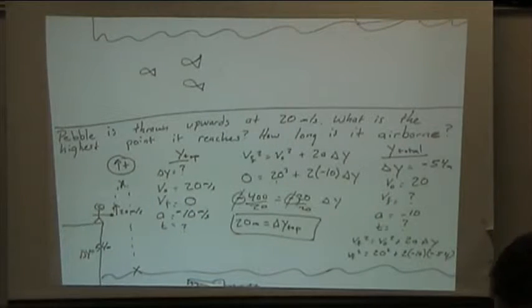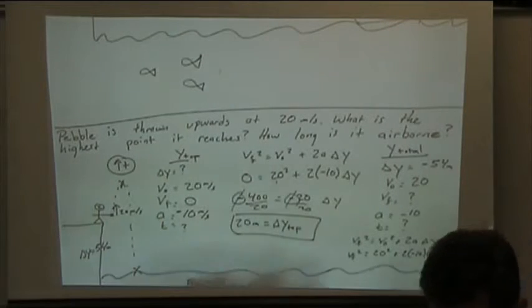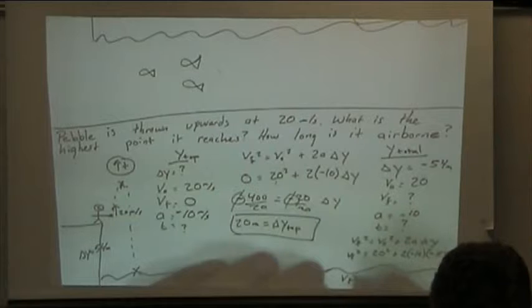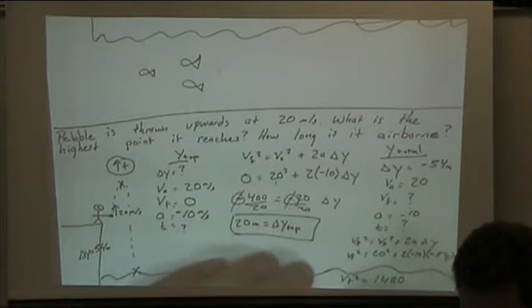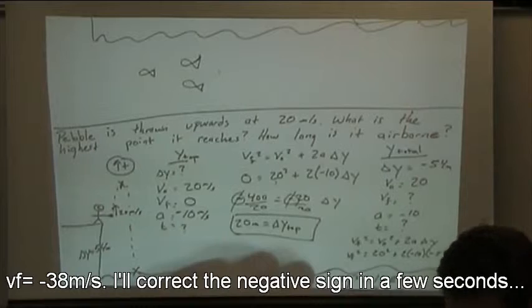So let's put all this in the calculator and see what we get. Vf squared equals 1480, which sounds a little bit familiar. We saw in the prior example, we're going to get a Vf of 38 meters per second.